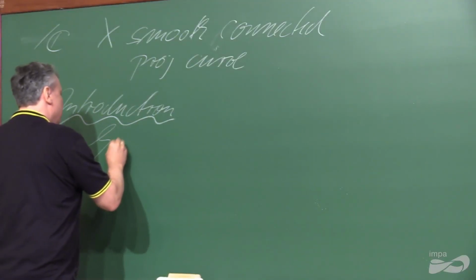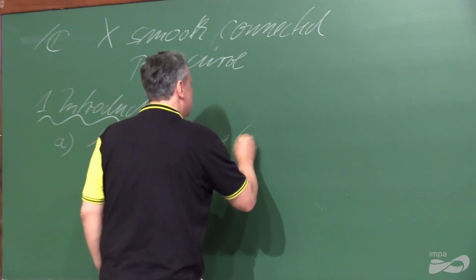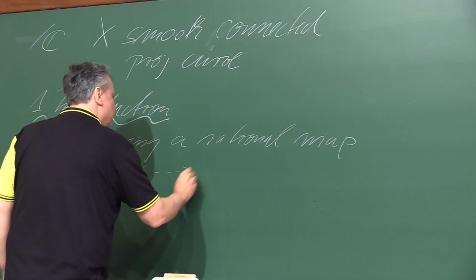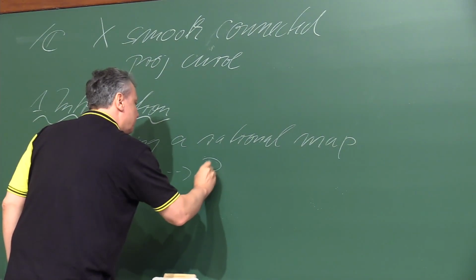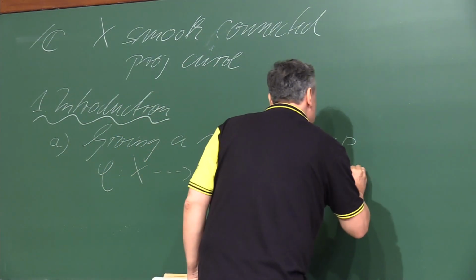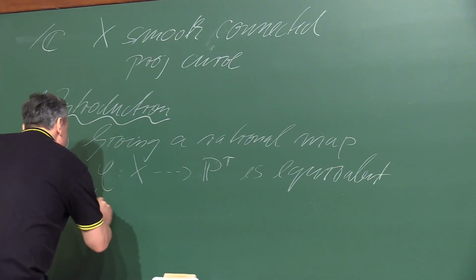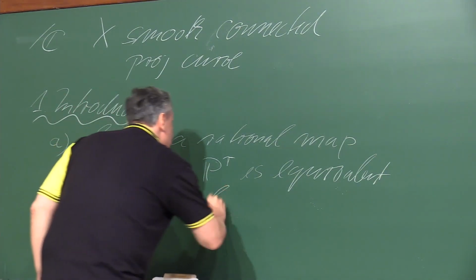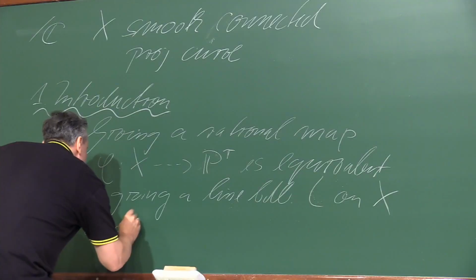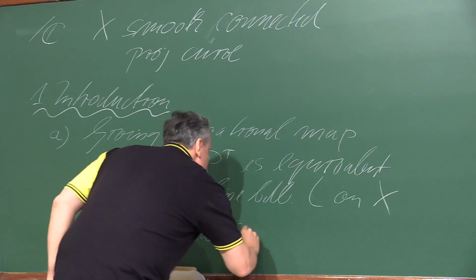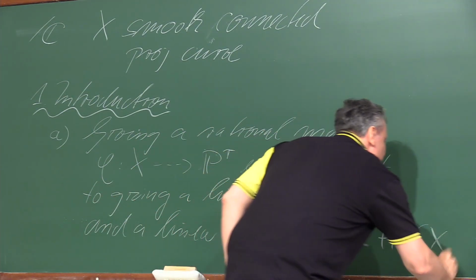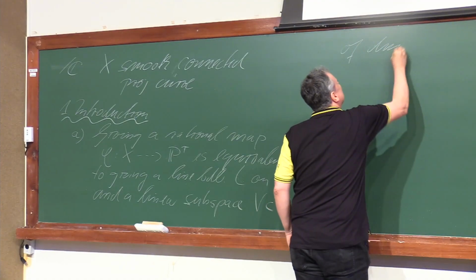You remember, if you want to give a rational map from the curve X into some projective R space, then this is the same as giving a line bundle L on X and a linear subspace of the space of global sections of L of dimension R plus 1.